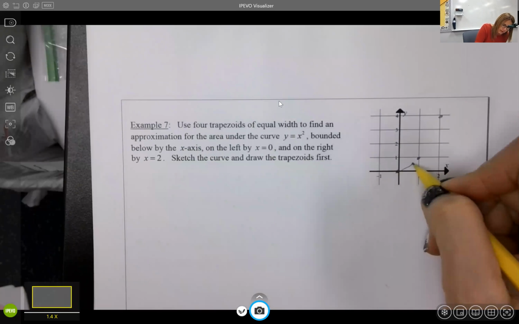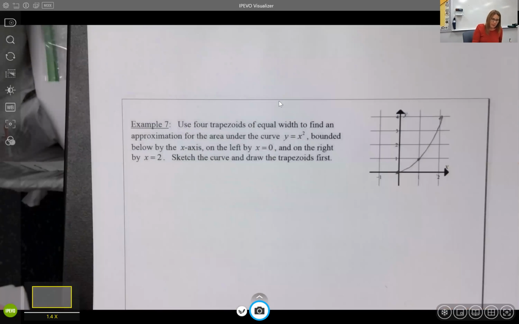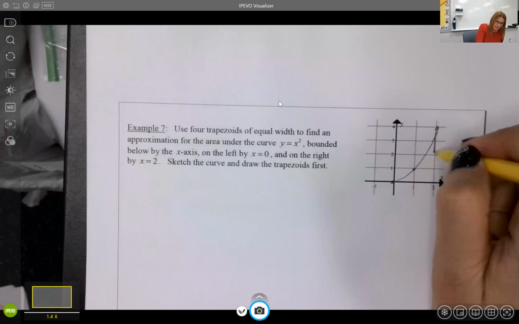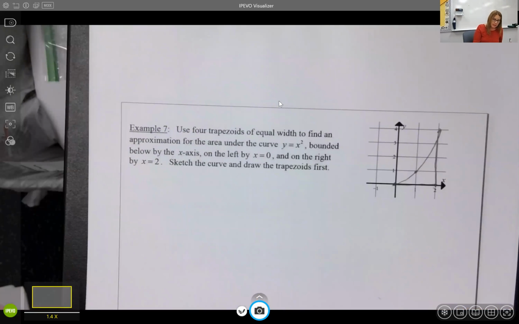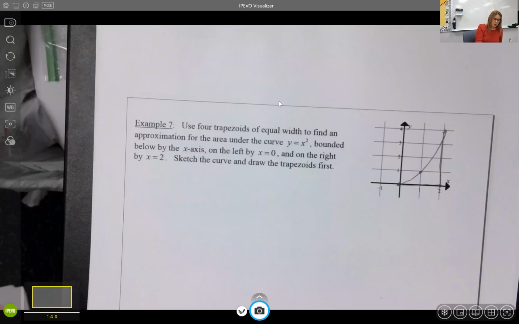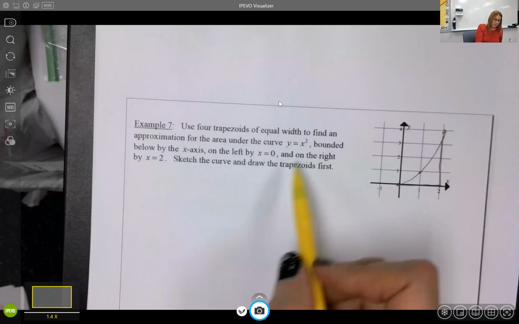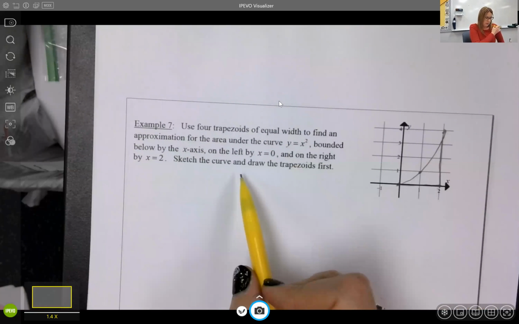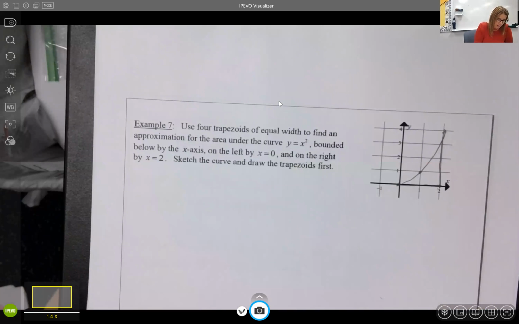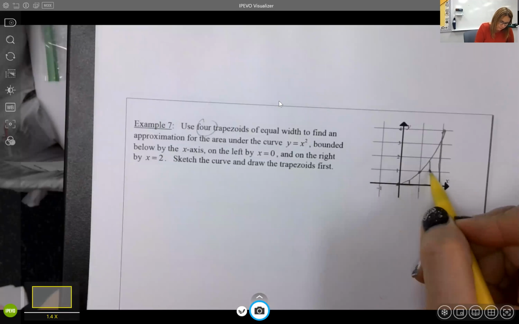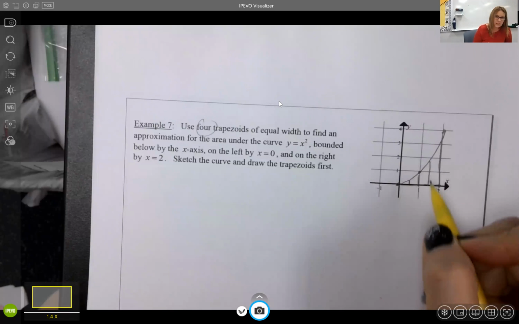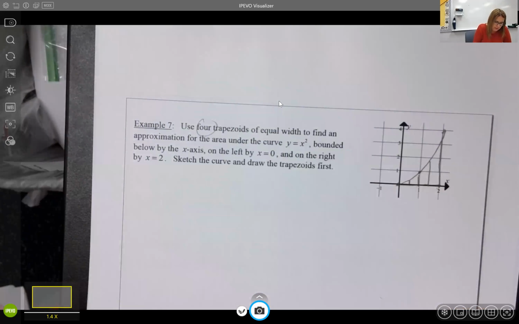Okay, so this is what the graph would look like. And I want to find this area under the curve between 0 and 2 using 4 trapezoids. Since this space is 2, I'm going to be cutting this in half to get those 4 trapezoids.